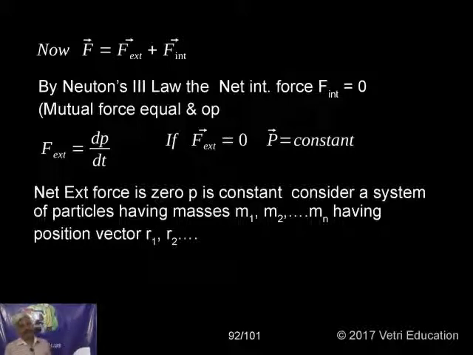Are you able to follow what I say? What is Newton's law? For every action there is an equal and opposite reaction. If the force is applied, the molecule itself exerts a force against it. Therefore, these two equal and opposite forces cancel each other out. Therefore, internal force is 0 in all particles.